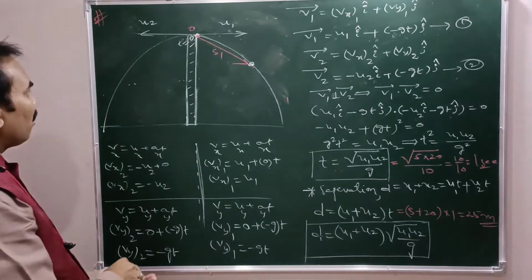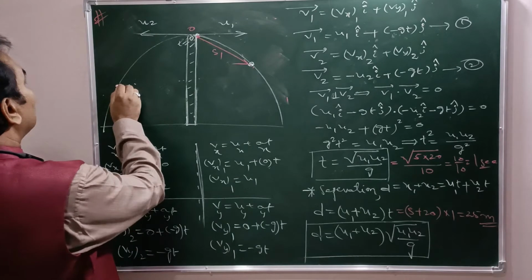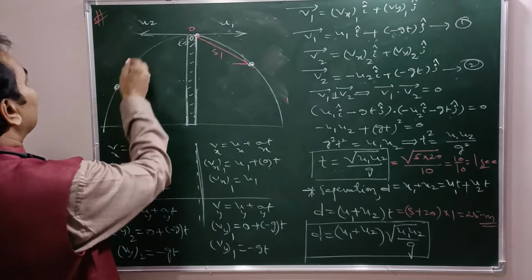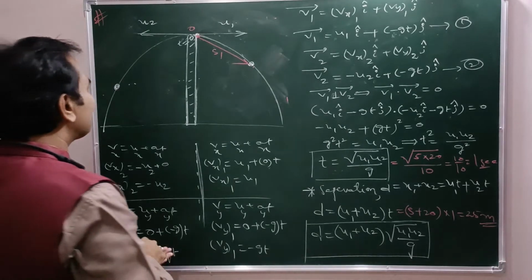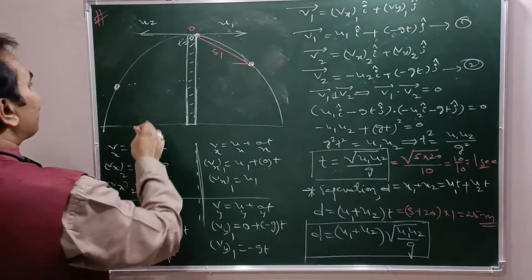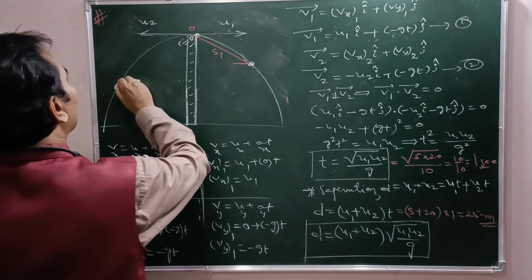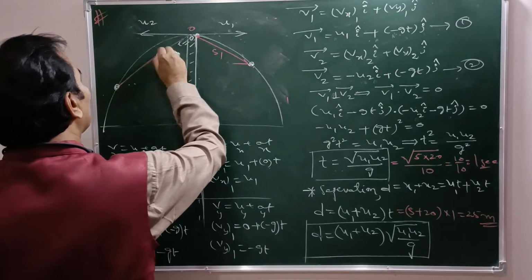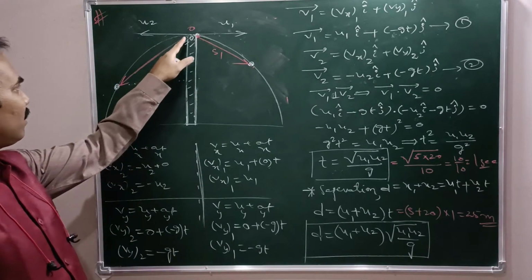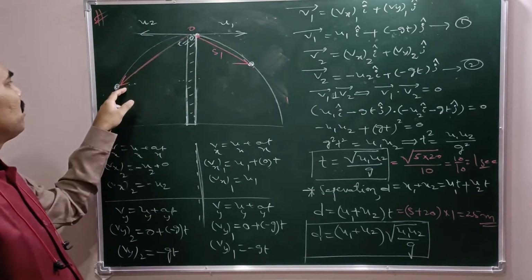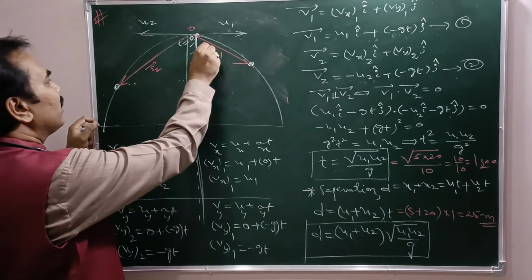Now, for example, this is the position of the second projectile at the same instant. What is the displacement vector? Take a line segment from the initial position to the given position. This is S2 bar, and that is S1 bar.